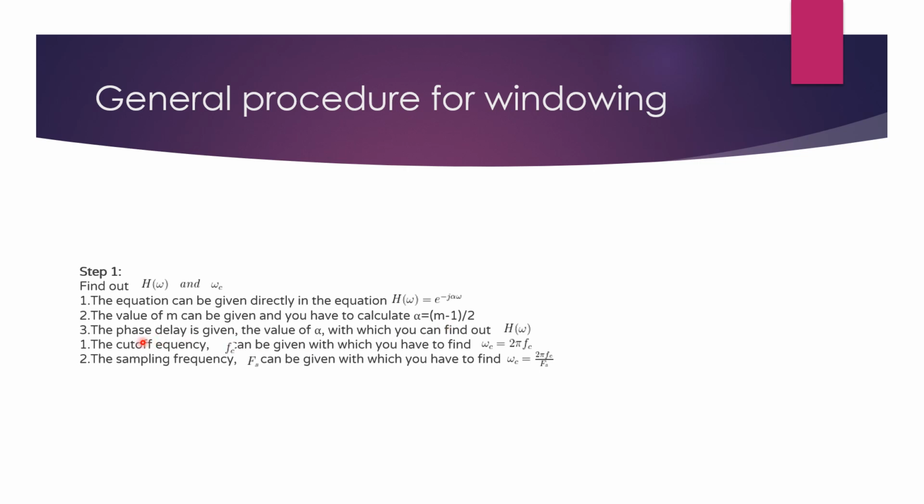The phase delay is given by the value of alpha, which can be calculated from H of omega. The cutoff frequency f c can be found out with the help of omega c, which is given by 2 pi into f c. The sampling frequency f s can be given, and with which you have to find omega c, equal to 2 pi f c by f s.